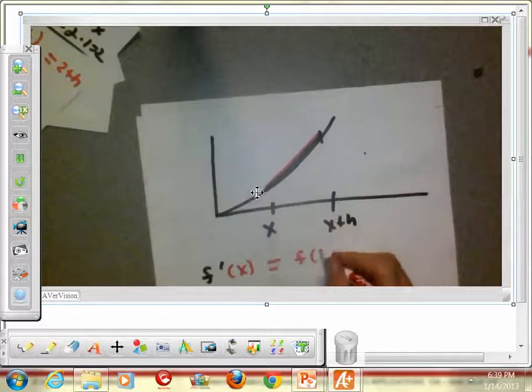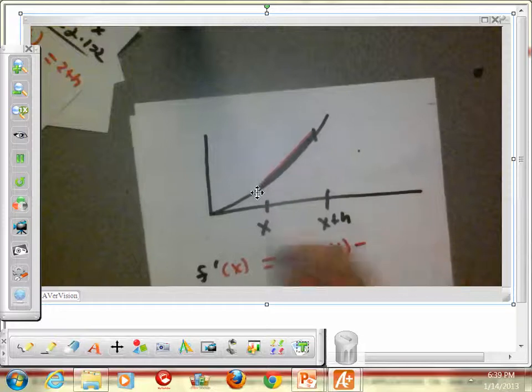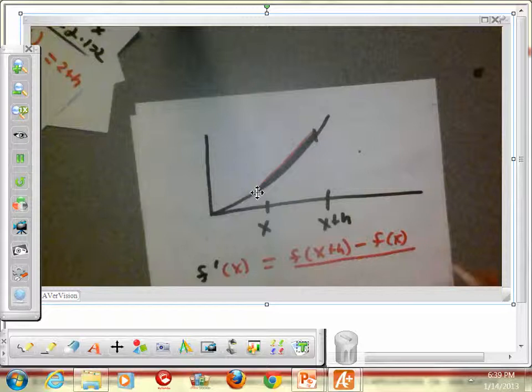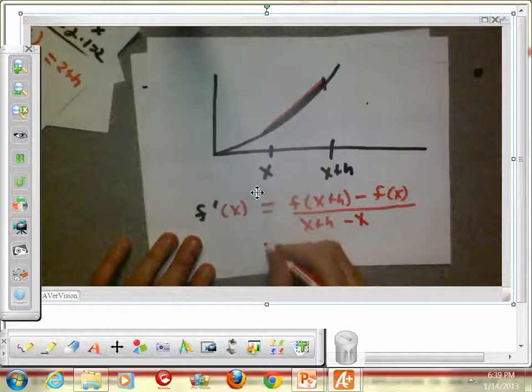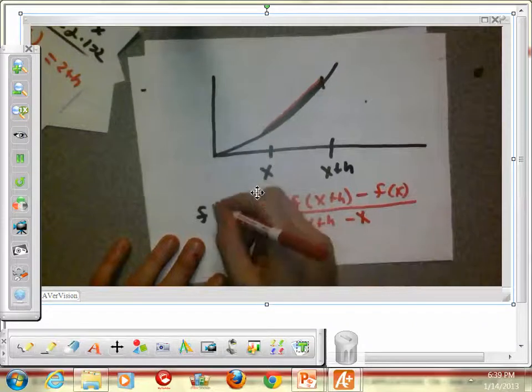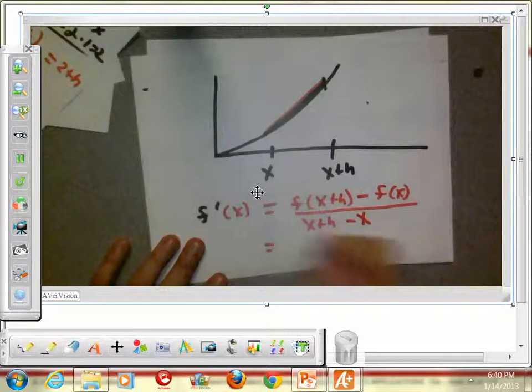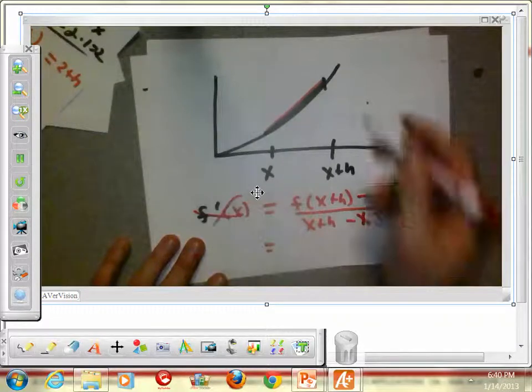One y value is f of x plus h. The other y value is going to be f of x. And it's going to be divided by x plus h minus x. I don't want to put an equal sign here because that's the derivative. This is just that secant line.